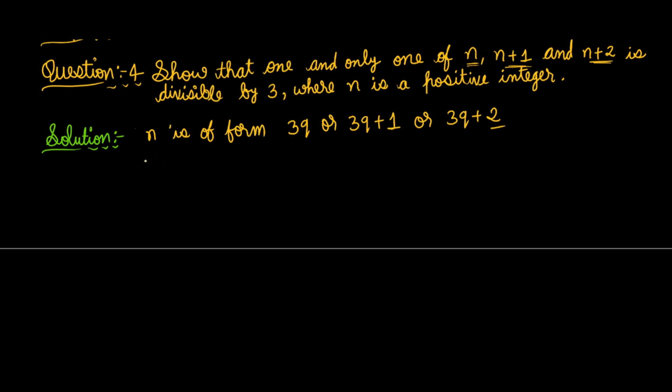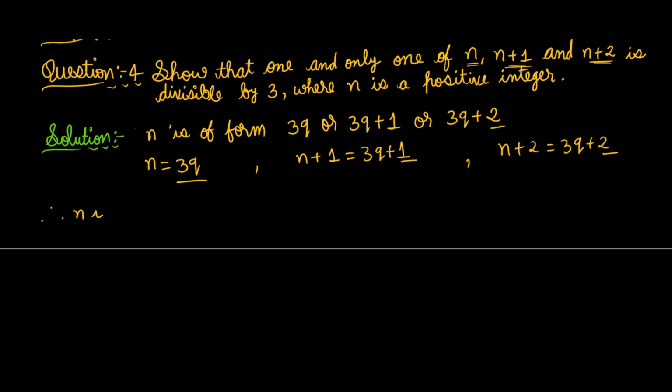So we can write n is equal to 3q. So it is divisible by 3 as there is no remainder. We can take n+1 also. n+1 is equal to 3q plus 1, so 1 is the remainder. Then n+2 is 3q plus 2, so 2 is the remainder.